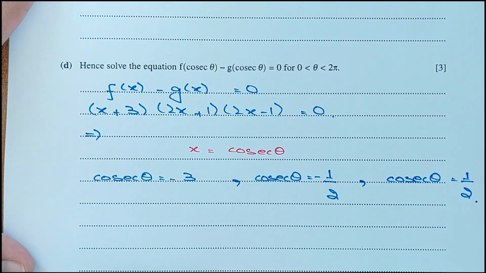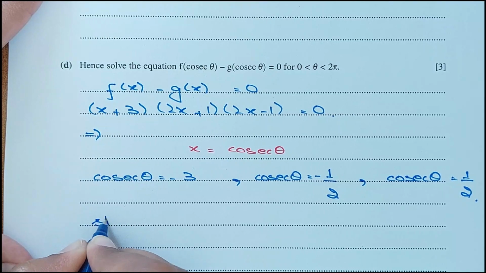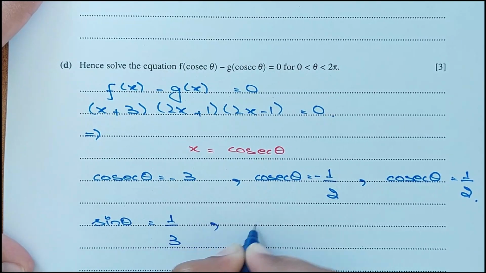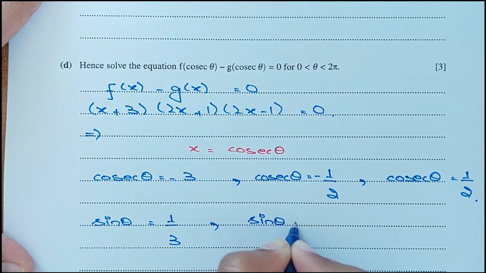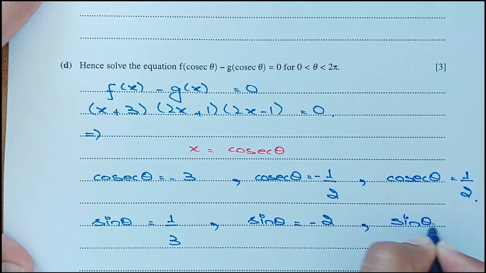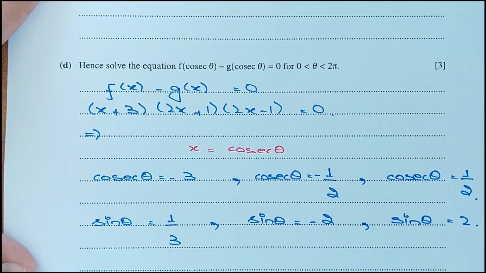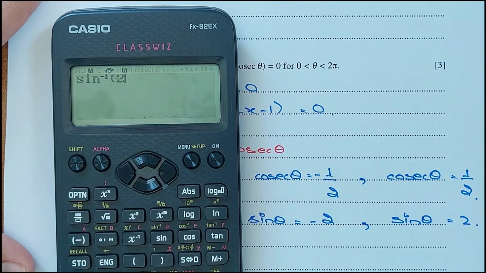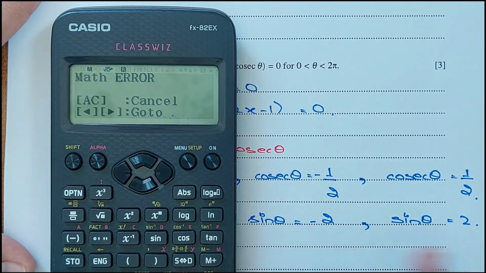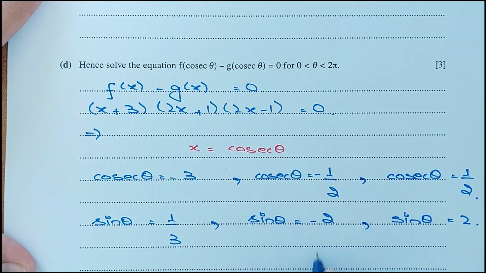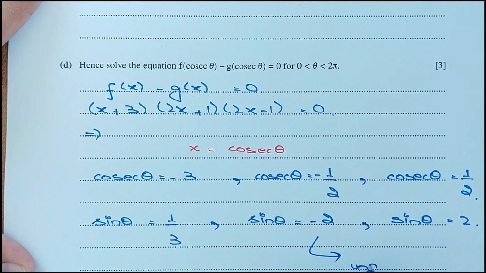Cosecant is basically 1 by sine, so sine theta here is negative 1 over 3, sine theta here is negative 2, and sine theta is 2. Because the range of sine is between minus 1 and plus 1, the last two are undefined.